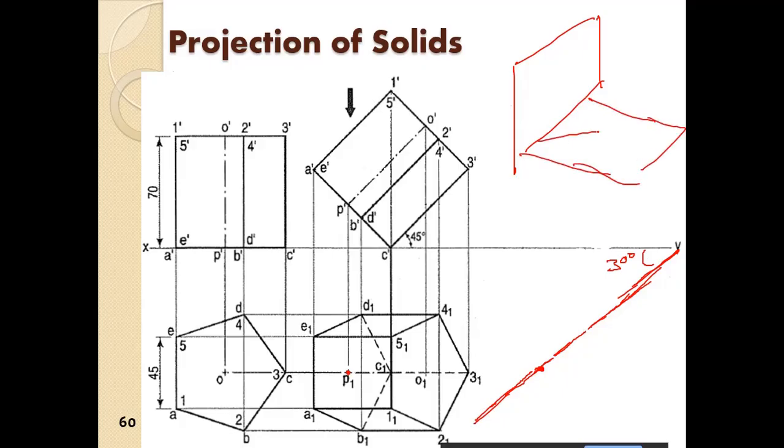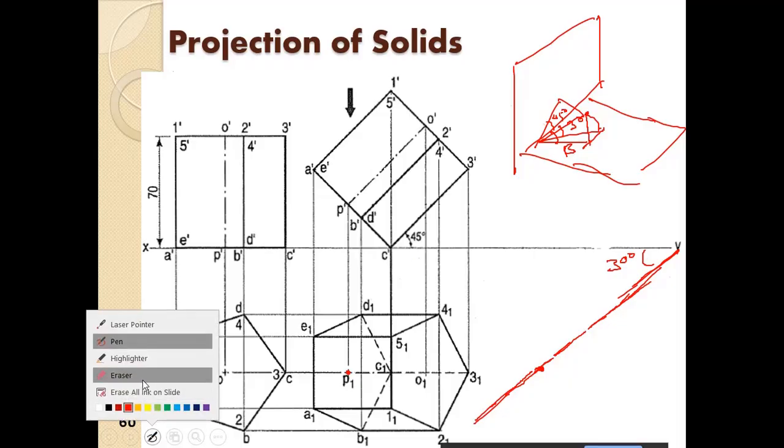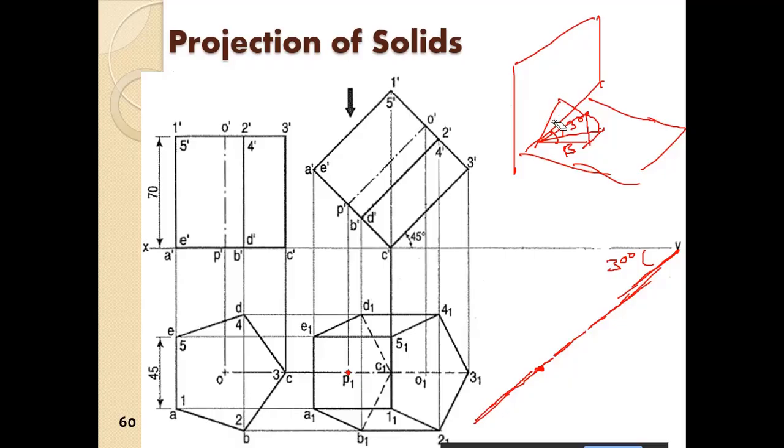So we have considered the line to be at 30 degrees. Now we will rotate it up. When we rotate it up, it will move to this point. So we will obtain the beta angle. So this is the line, and this is the angle, which is inclined at 45 degrees to the VP as well. Sorry, this one will not be 45 degrees.